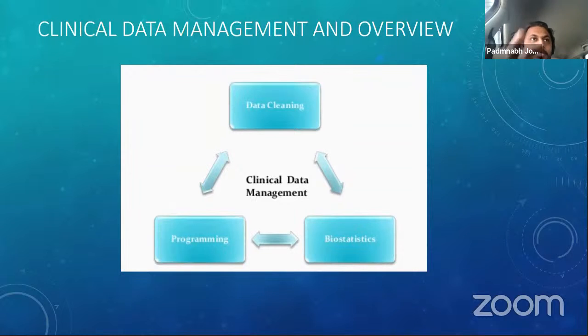Say, for example, your protocol requires that subject recruitment should happen only for adult patients. The programmer has a requirement that we define as data managers, that when we capture demography data for various subjects, it should throw a query stating that a subject that has been recruited is below 18 years of age.